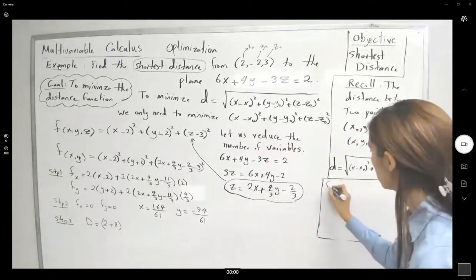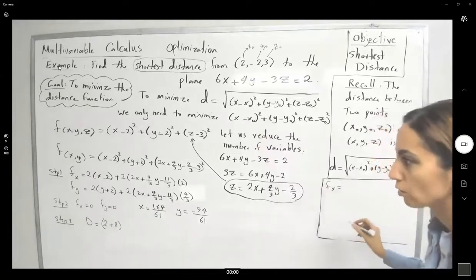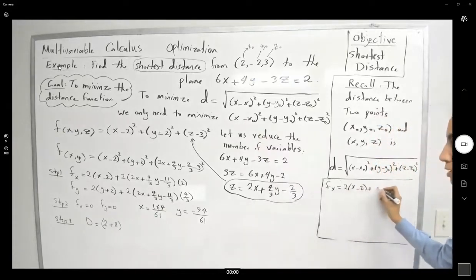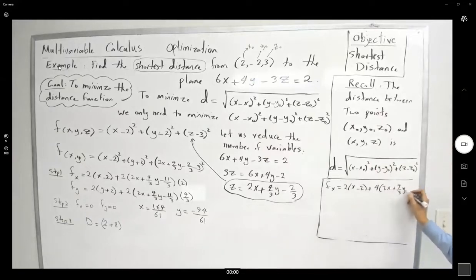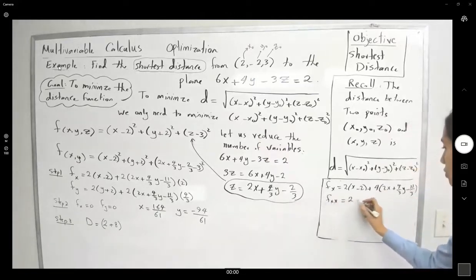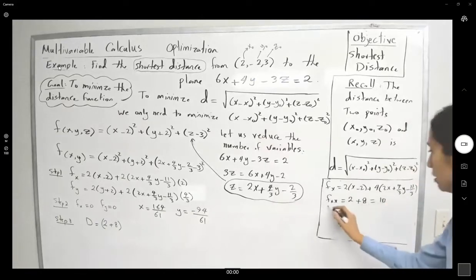So our f of x is equal to 2 times x minus 2 plus 4 times 2x plus 4/3 y minus 11 over 3. And the second derivative with respect to x is going to be 2 plus 8, which is 10.